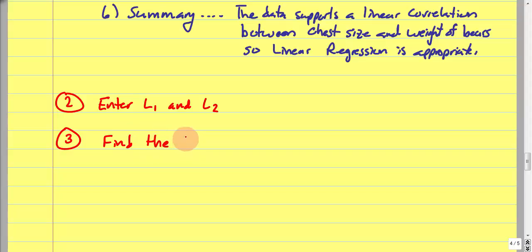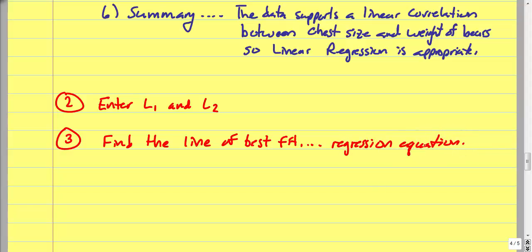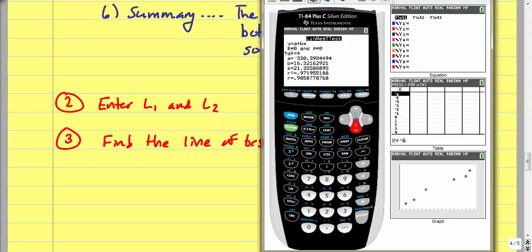Find the line of best fit. And this is our regression equation. Now, we actually did this, but we just didn't pull this information out. So let's look at this calculator output one more time. We would go to Stat, Calc, and we'd come down here to Linear Regression, which on my calculator is option 4.